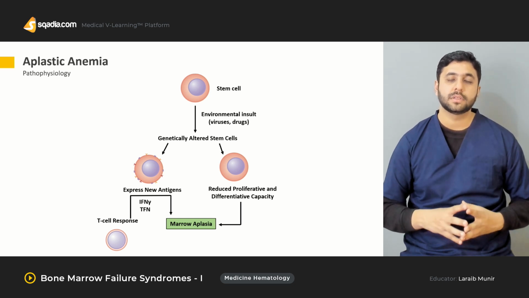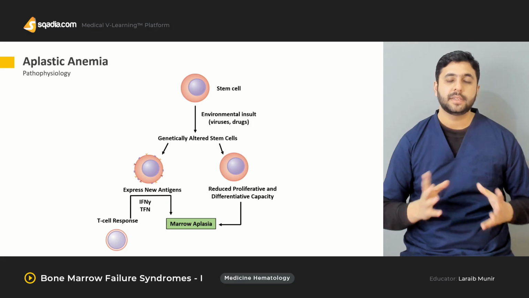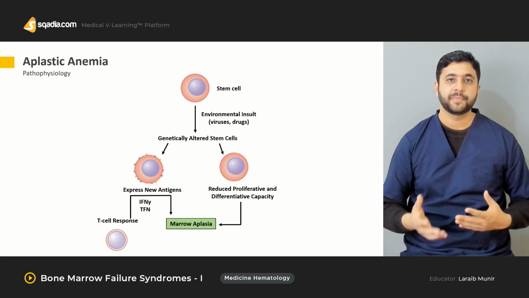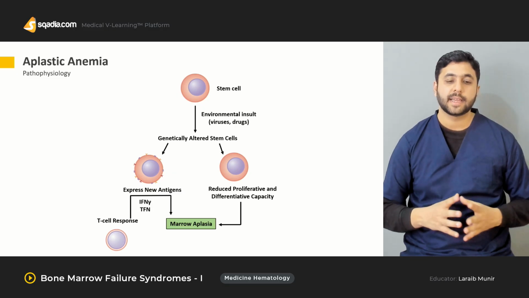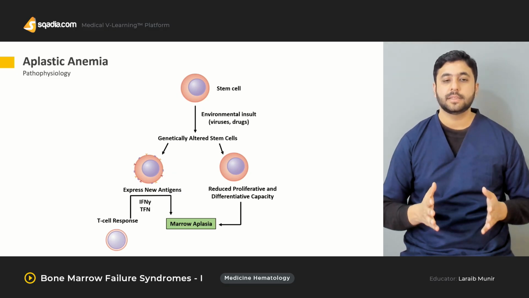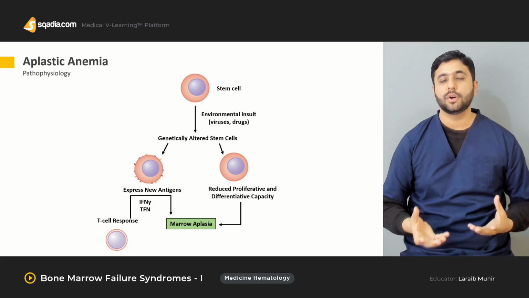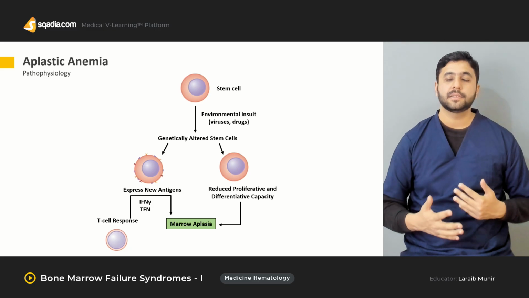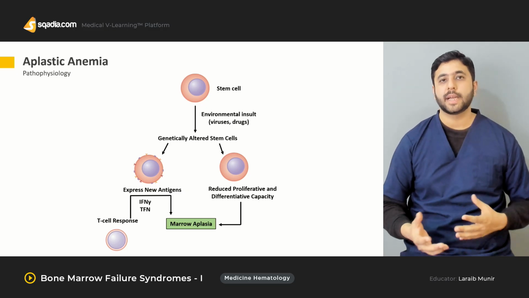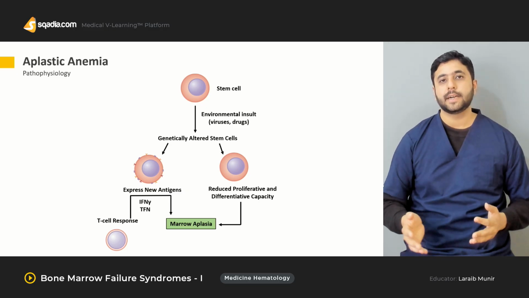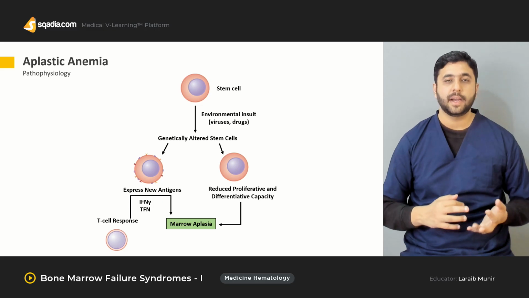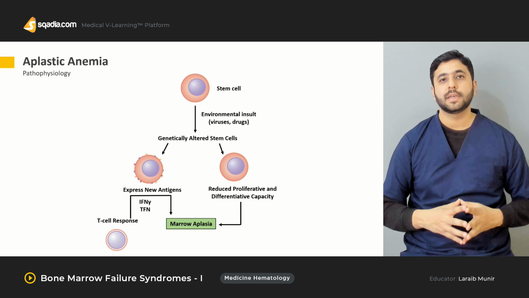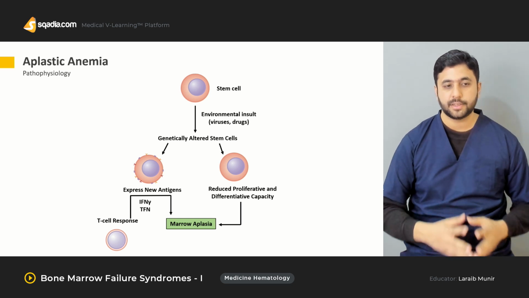They target those cells which have expressed these antigens, and after an immunological reaction, can lead to myeloaplasia. This diagram is an oversimplification of the underlying pathophysiology. There is a certain environmental insult or trigger that has led to the development of aplastic anemia, either immunologically or because the cells have lost their ability to proliferate and differentiate.